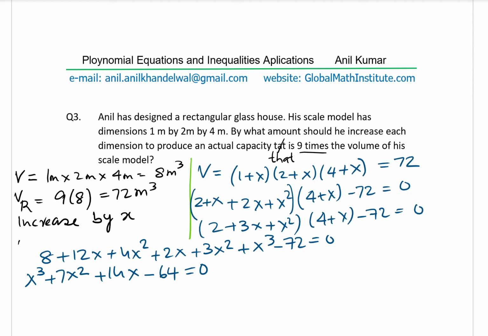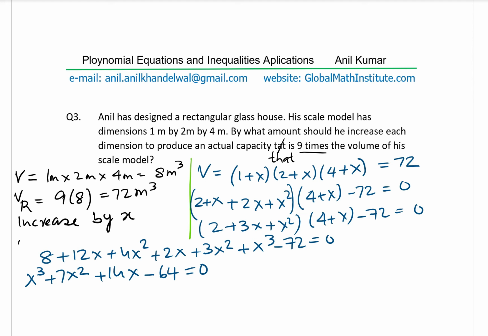So we'll try the values one by one. So if I substitute, let's say 1 here, what do I get? I get 7 plus 14, which is not the right answer. It doesn't give you 0, right? If I try 2, so we need a calculator at this stage to figure this out. So let's say we try the value 2, let me use the calculator.